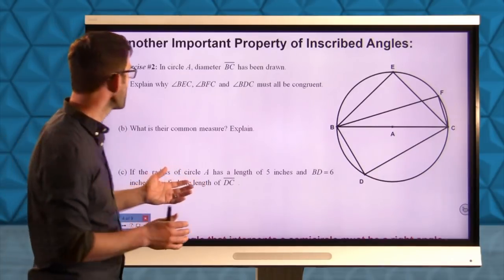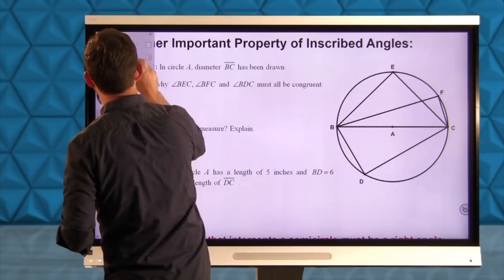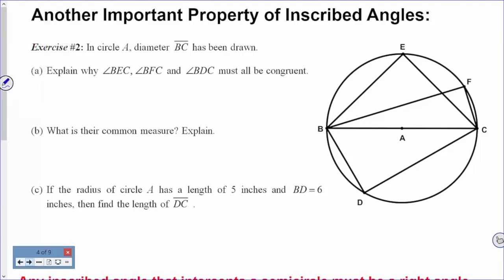All right, well, let's take a look. Let me kind of highlight. All right, BEC. That's that angle. BFC. That's that angle. And BDC. That's that angle.